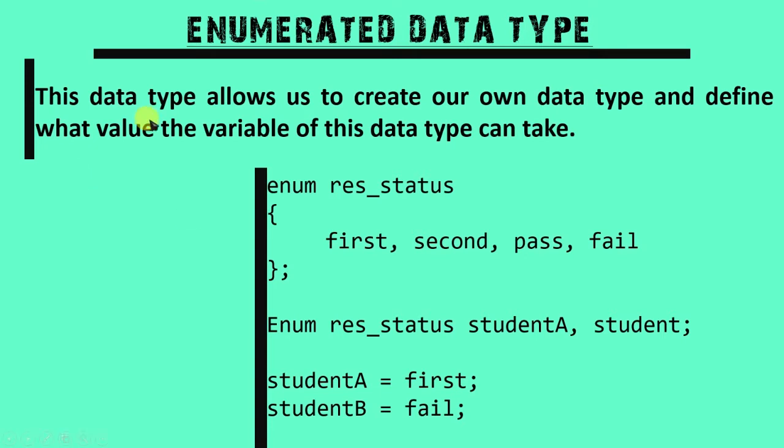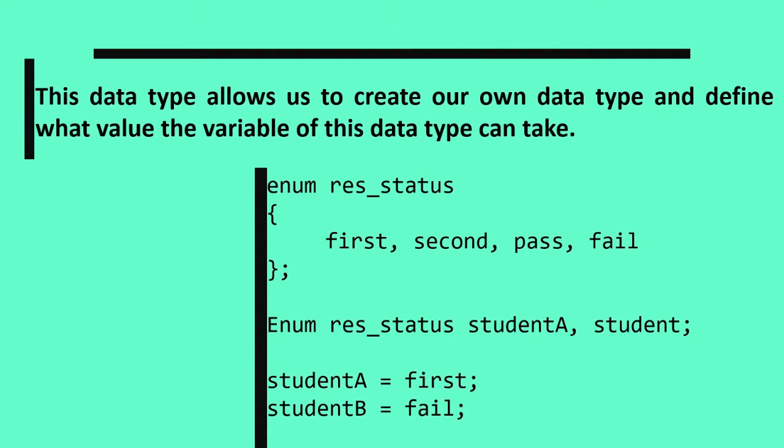After that, enum result status student A and student B. Sorry, I forgot to put student B here. Now we can give values to these variables student A and student B, such as first and fail. It depends on us.